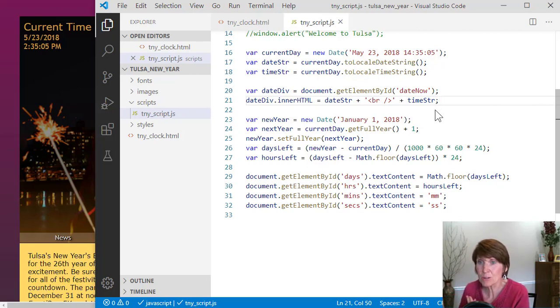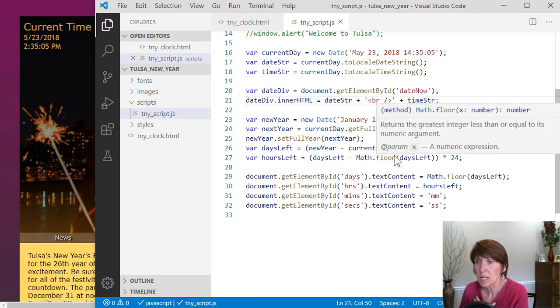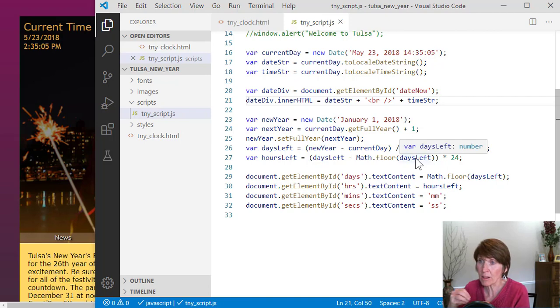Well, this has to do with the fact that between May 23rd and January 1st, there's all of these days and hours, plus there's a daylight saving time where we actually pick up an extra hour. So remember that sometime in October or November, we do a daylight saving time where we take it 2 o'clock in the morning, we reset our clocks to 1 o'clock in the morning, and we do that 1 o'clock hour again.